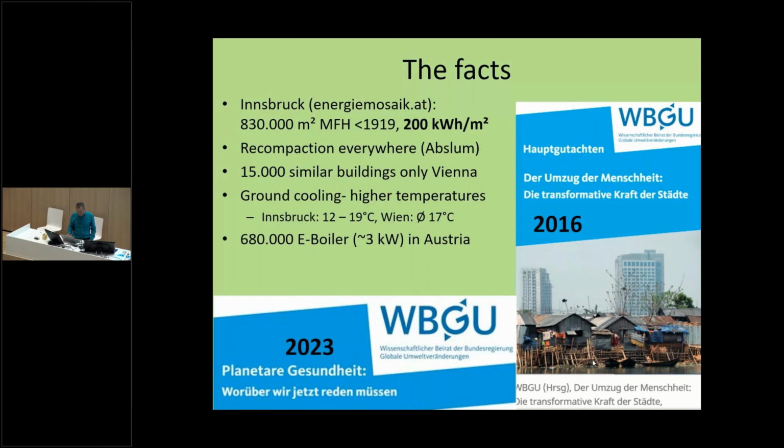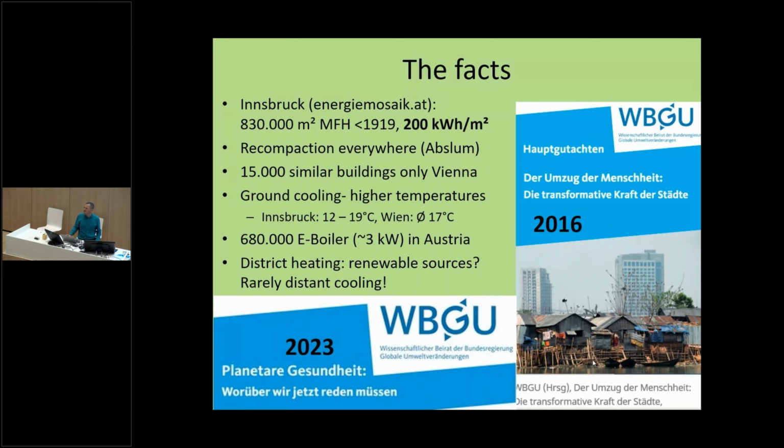We have nearly 700,000 e-boilers for making hot water. To my mind, a very inefficient technique. And in Innsbruck we do not really have enough renewable sources for district heating. In Kematen, a biomass plant with 20 megawatts of heating will be built.